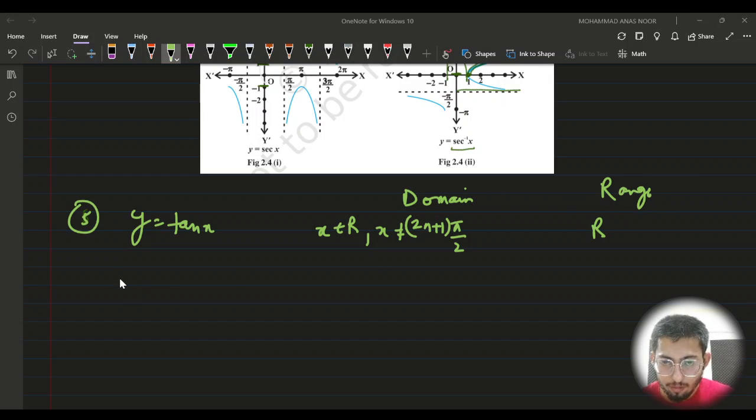You can verify it from the graph itself. If you draw the graph of tan x, this is what it looks like.